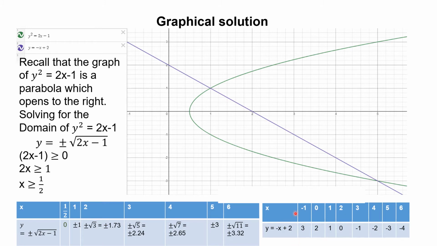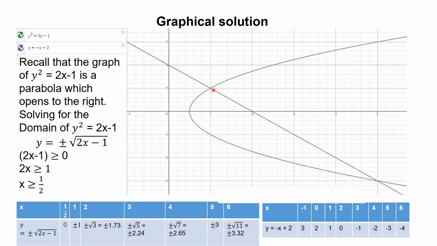From these values, we have when x is equal to minus 1, y is equal to 3. When x is equal to 0, y is equal to 2. When x is equal to 1, y is also equal to 1.